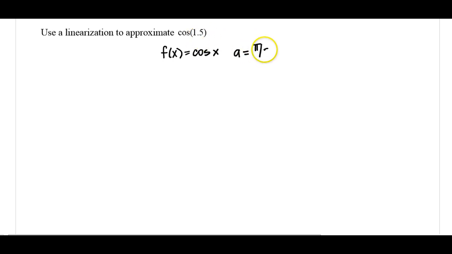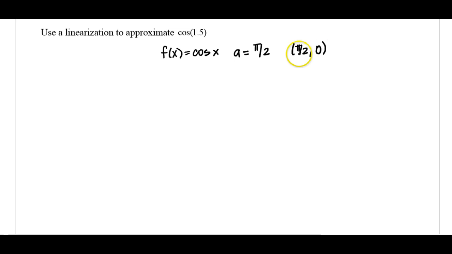A is going to have to be pi over 2, because I can easily substitute pi over 2 into the cosine function, because this is on the unit circle. So my coordinate point is going to be pi over 2, and if I substitute pi over 2 into cosine, that value is 0.